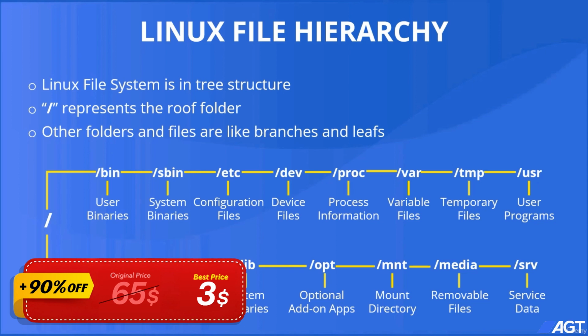Essential device files, including terminal devices, USBs, or any device attached to the system. For example, /dev/null. /opt. This will contain optional application software packages. /proc contains information about system processes and the kernel.